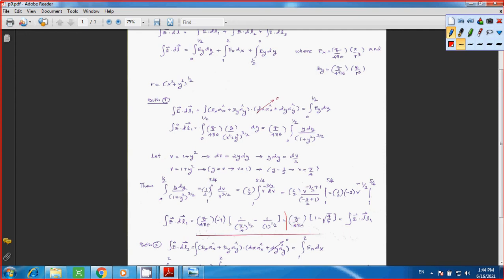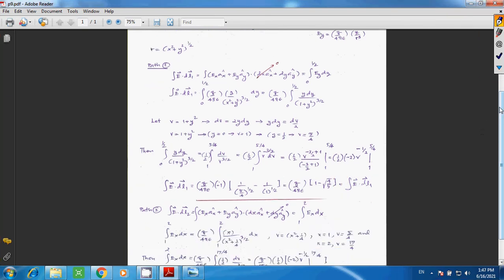Finally, I got the line integration of the path number 1 equal to q over 4 pi epsilon multiplied by 1 minus square root 4 over 5. Okay, so that becomes the line integration of the path number 1.